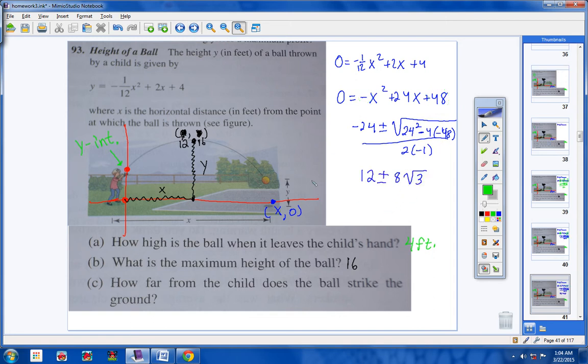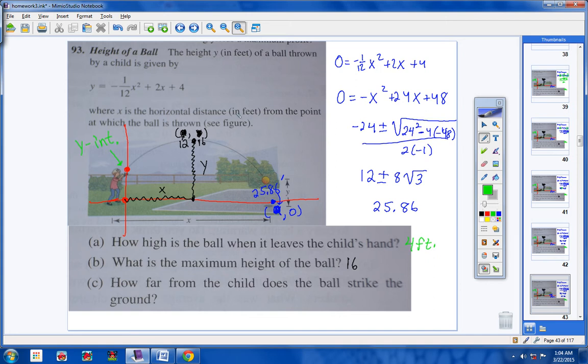Now you understand distance can distance from the child, okay?